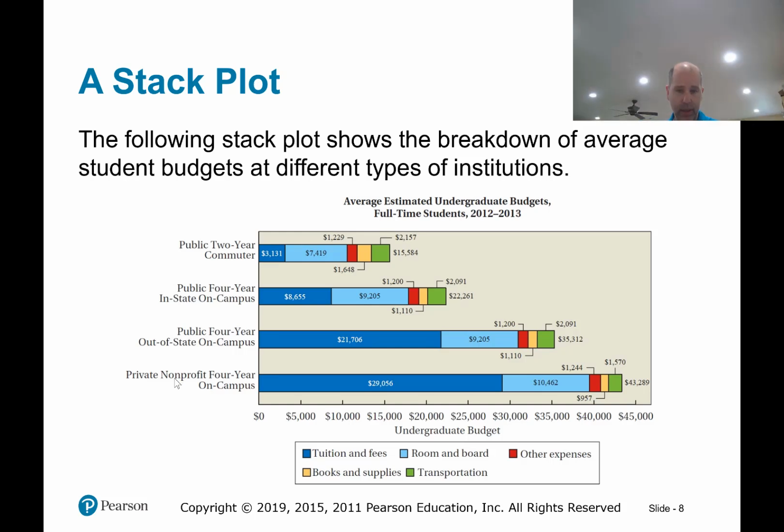Then you've got the breakdown for the costs right down here. And so you can compare the different costs for the different types of schools that one can attend. And you can see where your money is going for each one.